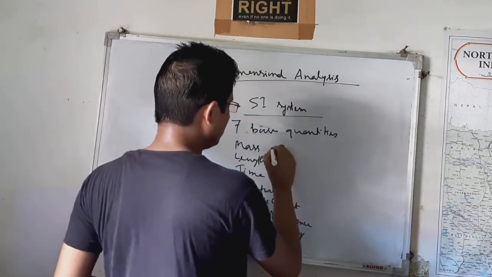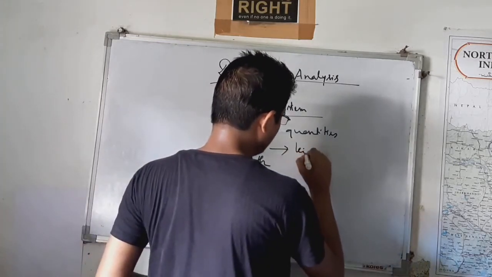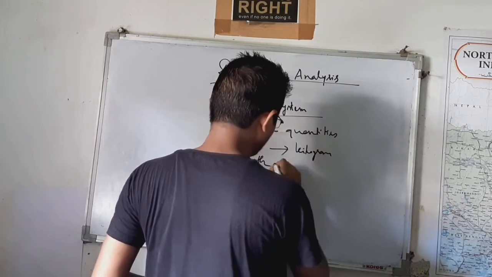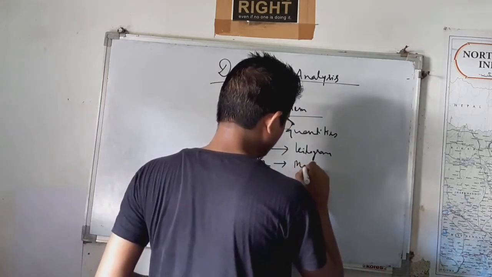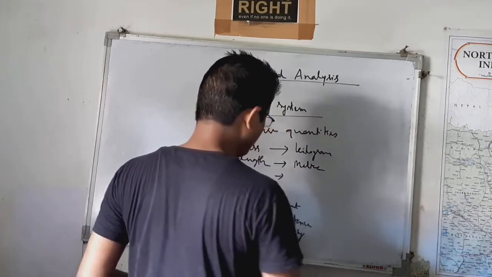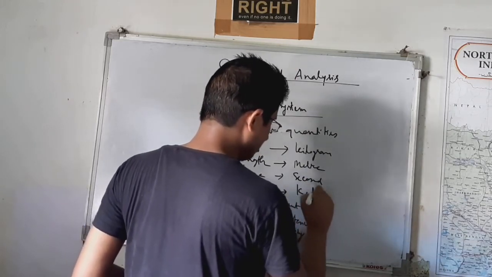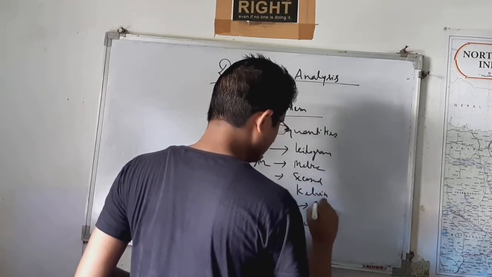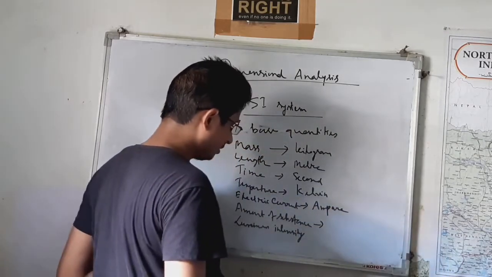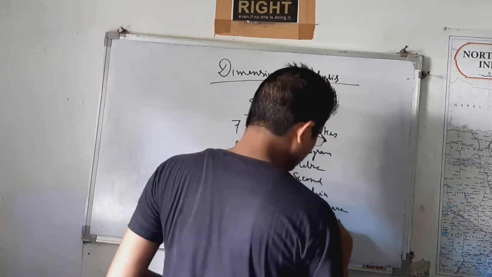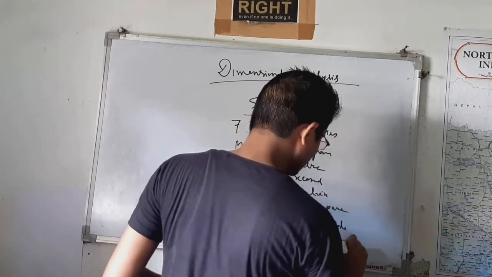And their units are, for mass it is kilogram, for length it is meter, for time it is second, for temperature it's Kelvin, for electric current it's ampere, for amount of substance it is mole, and luminous intensity is candela.